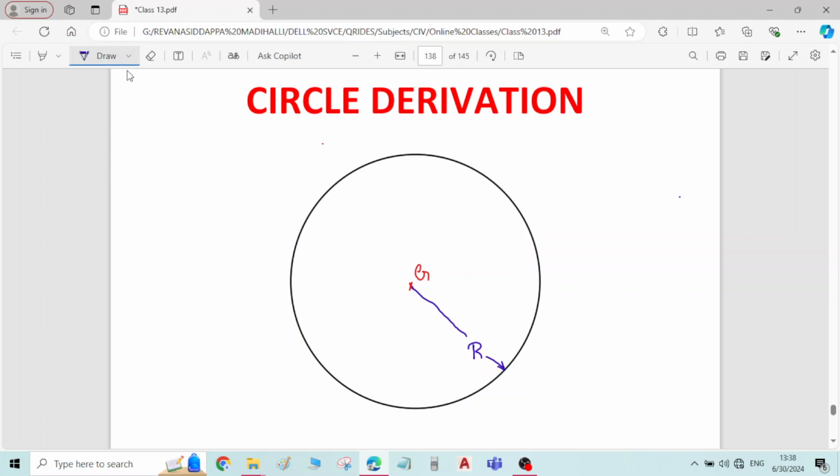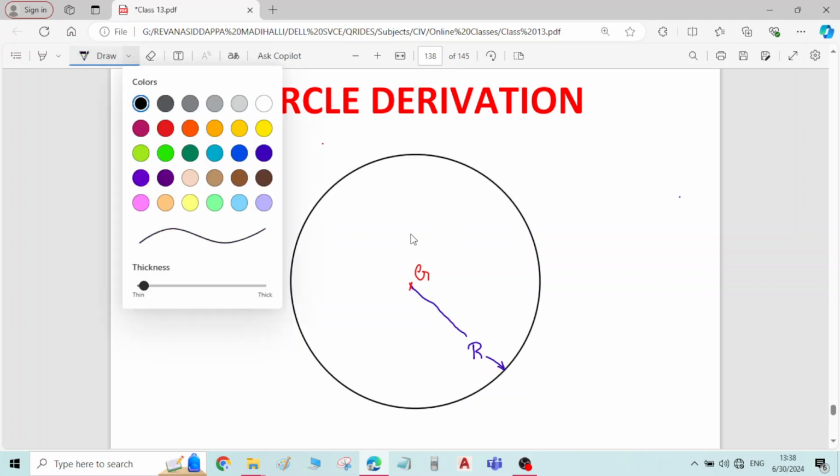Now for derivation purpose I will consider an elemental ring or elemental strip.